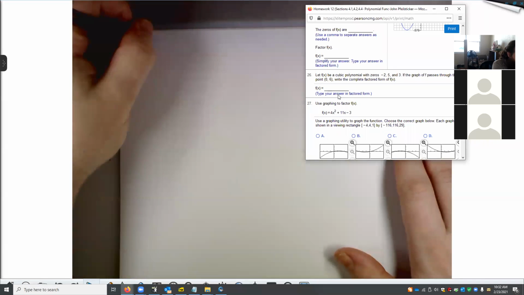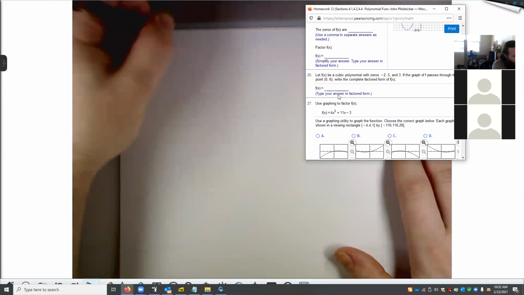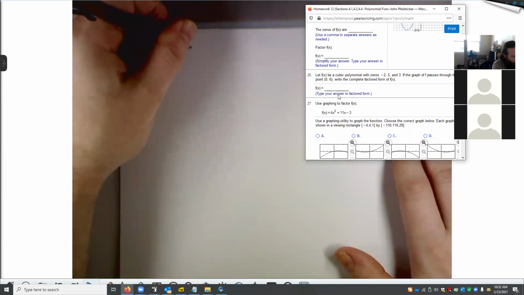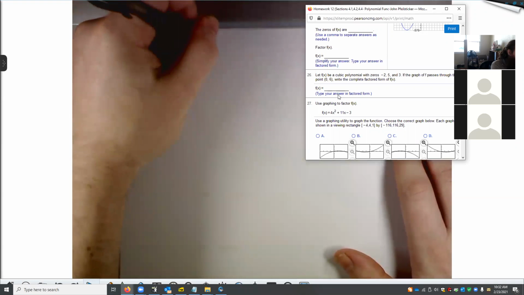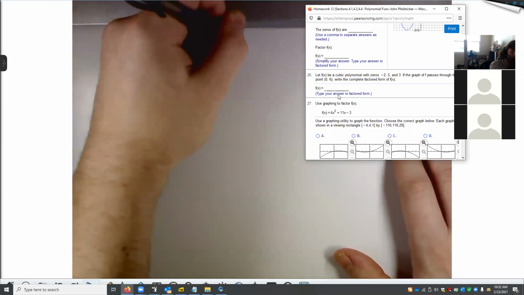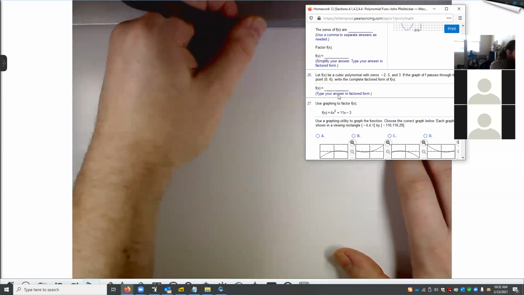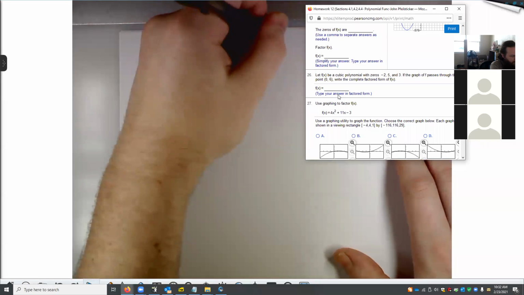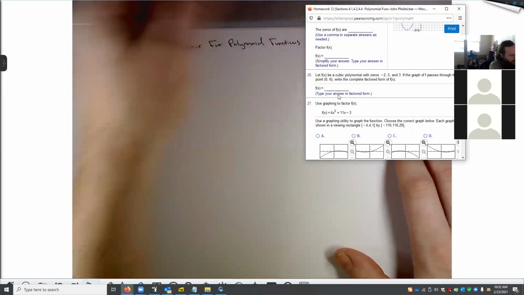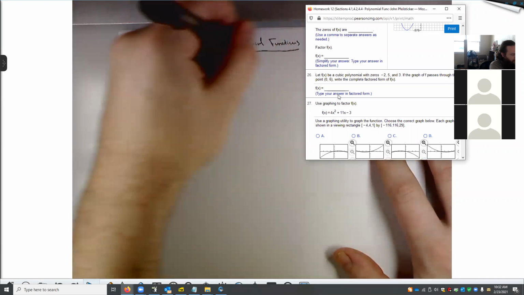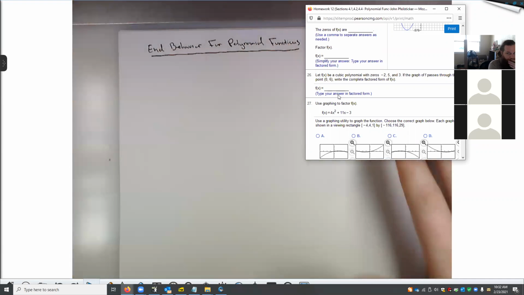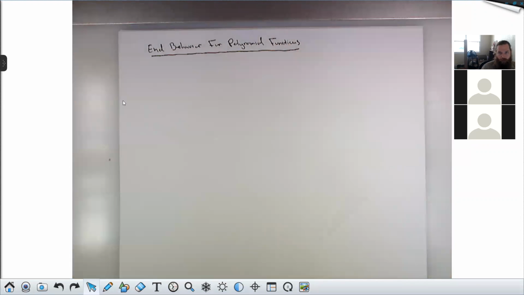The good news is that the notation is the same. You guys remember the goes to notation.